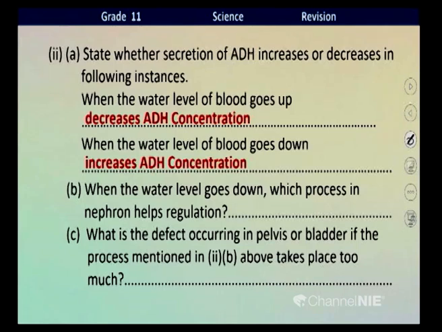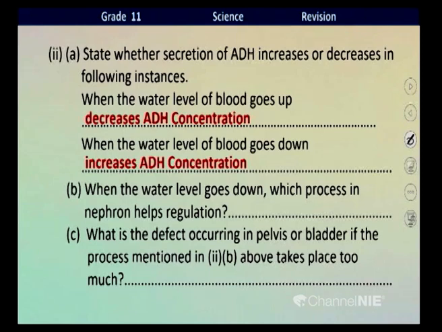When the ADH level in blood increases, it gives a message to the nephrons in the kidneys to increase reabsorption. Selective reabsorption volume is increased due to this. Then urine output decreases and thereby the body tries to retain more water in the body.